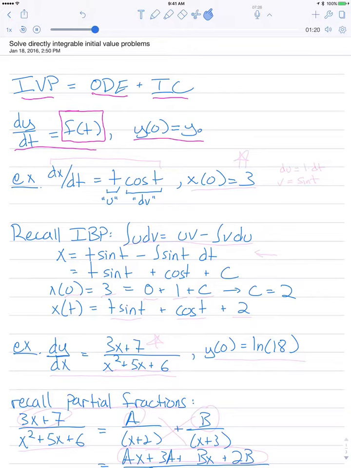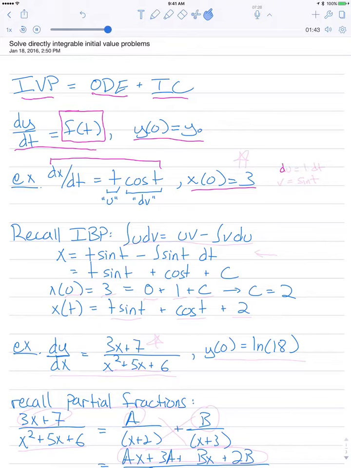First, we can take a look at dx/dt equals t cosine t, where x of 0 equals 3. This is one that we can solve by integration by parts. The right-hand side is a product of things. I'm going to think of t as being u, and cosine t as being dv.